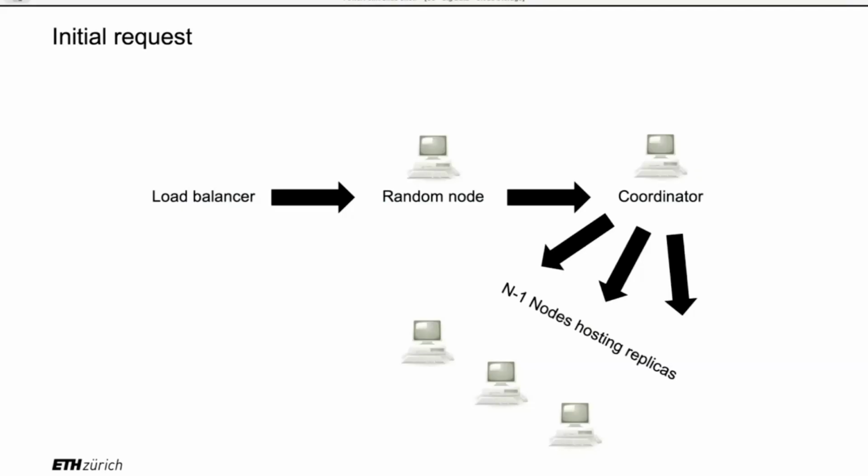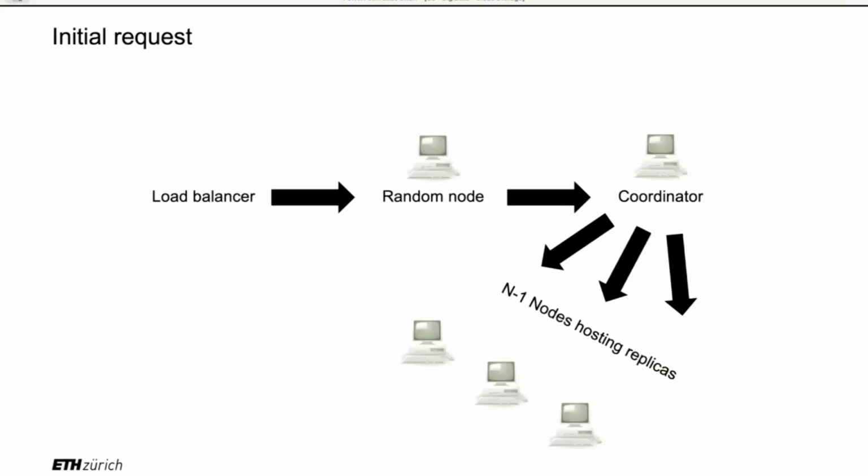That's a condition of the system, right? And so the way the system works is that when a client wants to communicate with the key value store, they will connect with some random node, how, with a load balancer, similar to the internet when you have a large website that randomly assigns you to a server when they have millions of people using it. So you connect to some random node.